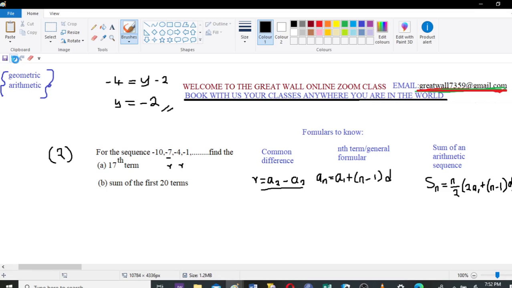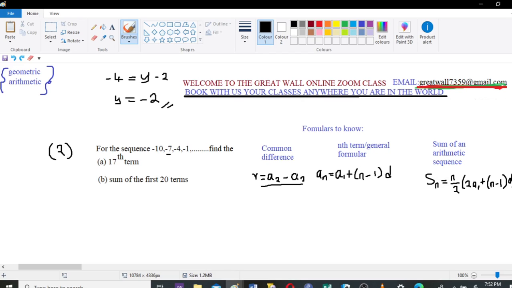And if that agrees, then we can say the sequence that we have is arithmetic progression. Otherwise it's geometric progression. We'll look at one or two questions concerning geometric progression. So for now, let's use this information available to us.